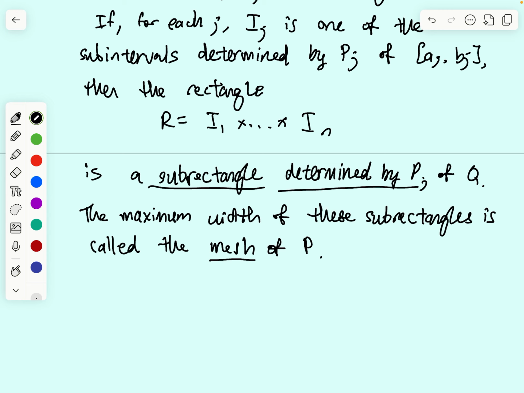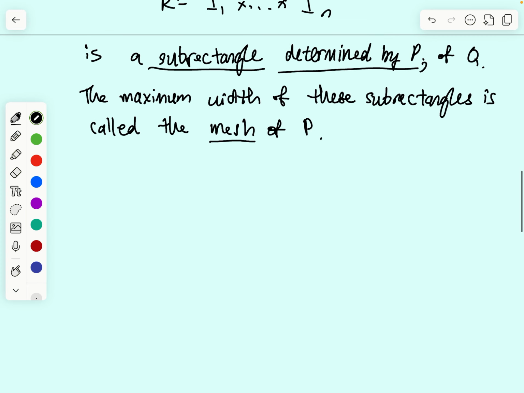And now we define a lower sum and upper sum. So let's say that you have a rectangle Q in Rn, and let's say that f is a bounded function from Q to the real numbers.